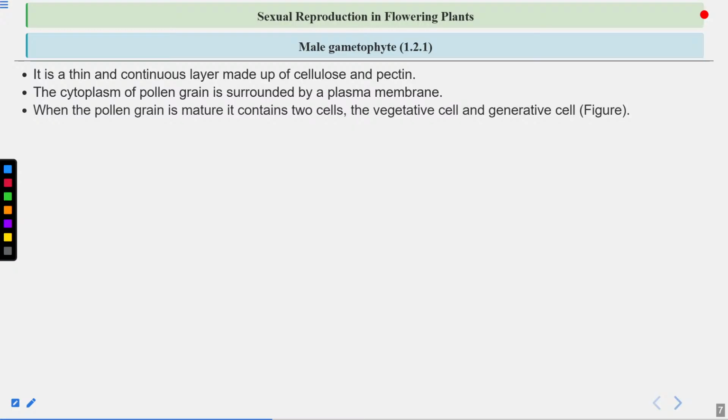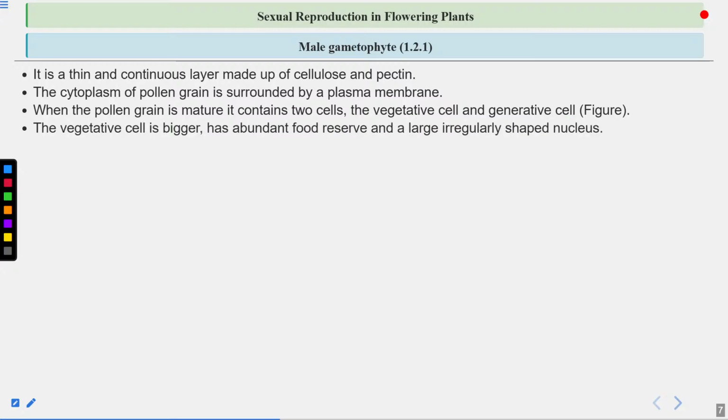When the pollen grain is mature, it contains two cells, the vegetative cell and the generative cell. So the mature pollen grain contains two cells. One is the vegetative cell and one is the generative cell. The vegetative cell is quite bigger, as we have seen in the figure.